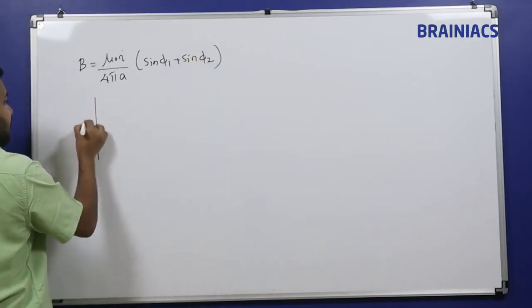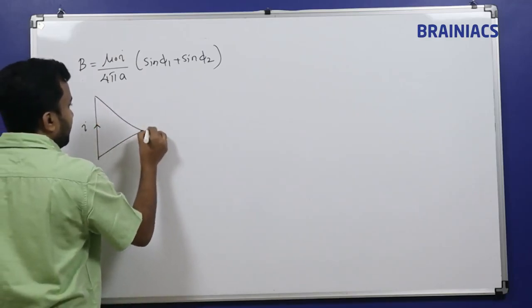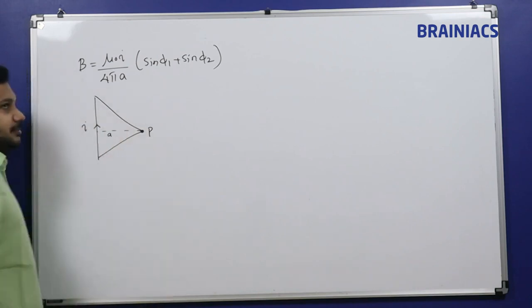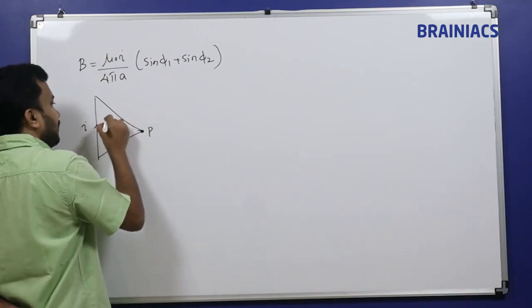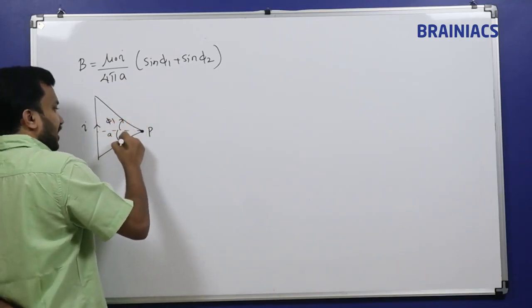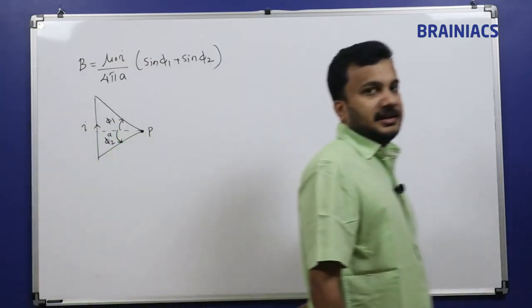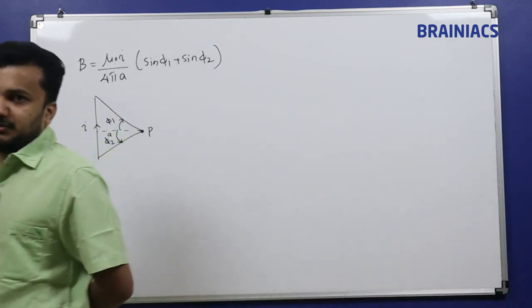For a finite current carrying conductor, we calculate the magnetic field at this point. The perpendicular distance is called A, this angle is called phi 1, and the reverse angle is called phi 2. So B is mu 0 I divided by 4 pi A into sine phi 1 plus sine phi 2. This is what we have seen.